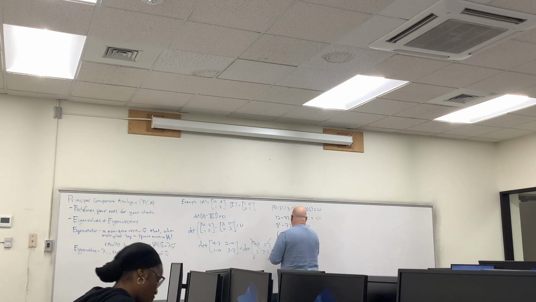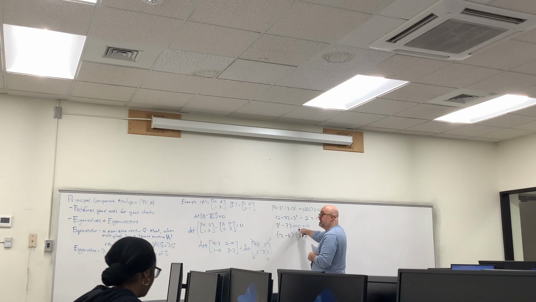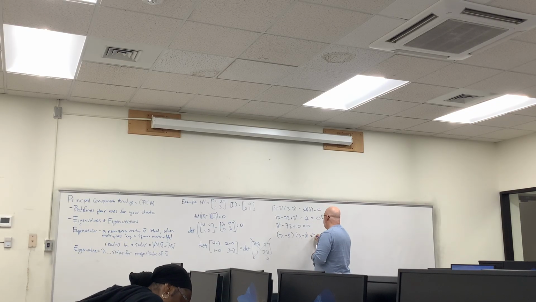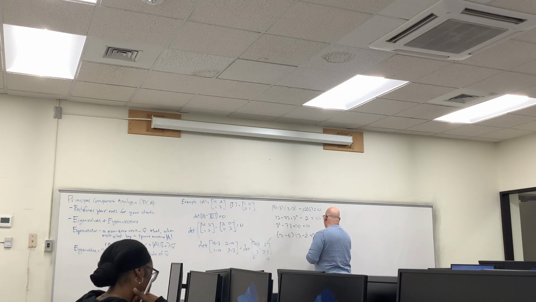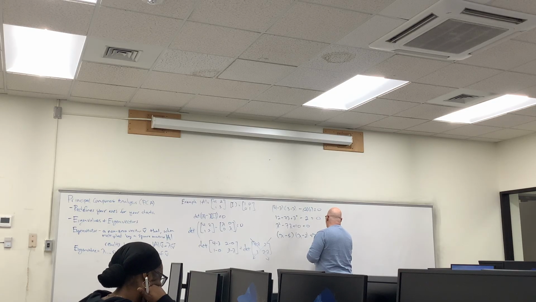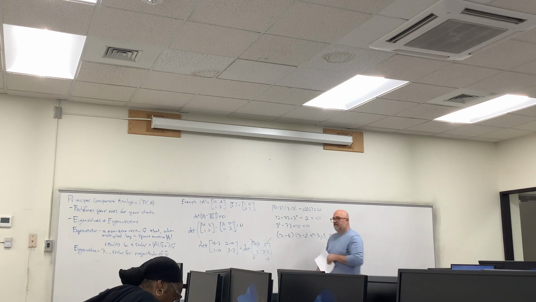We need to make minus 7 in the middle, so we can have minus 5, minus 2. That'll give us minus 7, and a positive 10 here. So lambda 1 equals 5, lambda 2 equals 2.